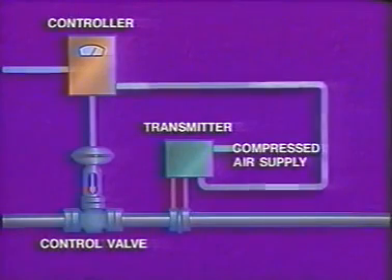After the controller compares the transmitter signal with the set point reference signal, the controller determines how much compressed air should pass from the controller to the valve. The amount of compressed air going to the valve changes only if there is a change in the flow measurement. The compressed air signal from the controller determines the position of the valve actuator, and as a result, the valve stem.